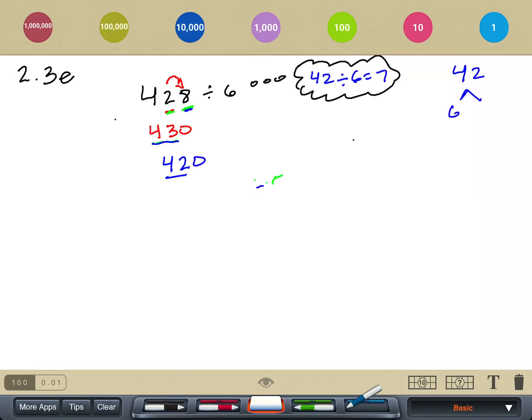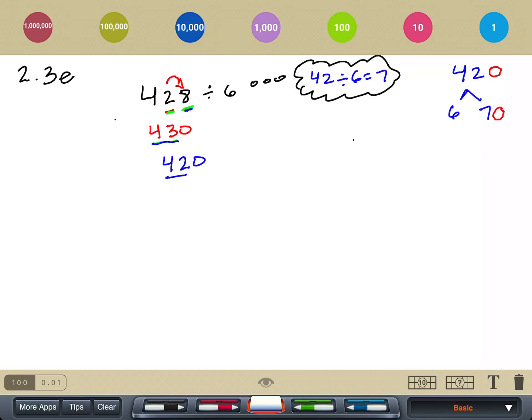And here's our number bond, 42, 6 and 7. So 42 tens divided by 6 is 7 tens, because my class knows when you divide puppies, you get puppies. So when we divide tens, we get tens.